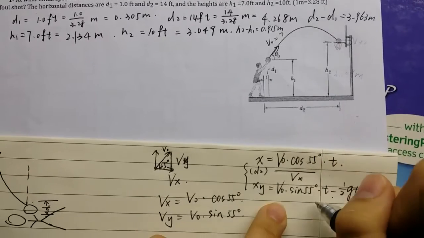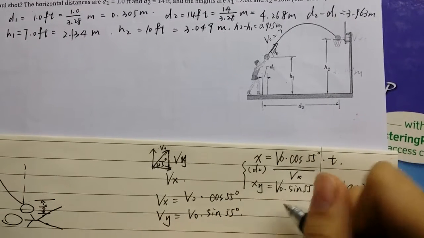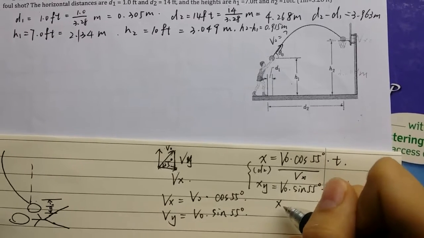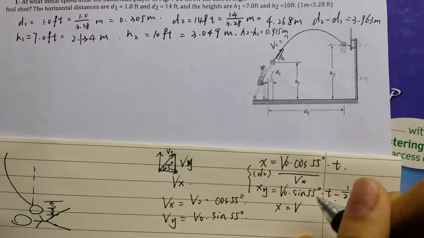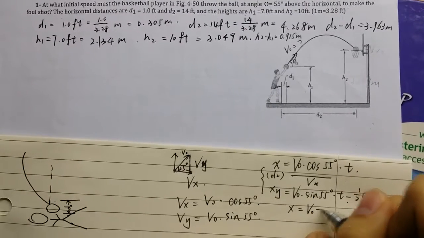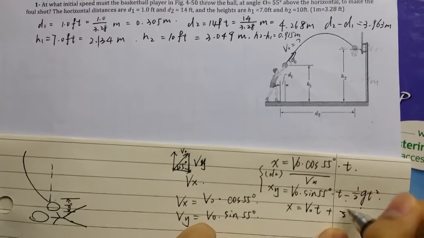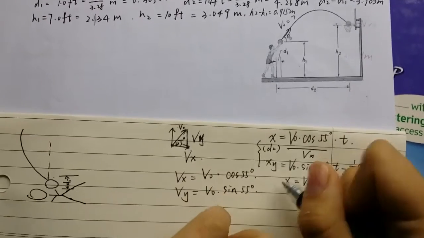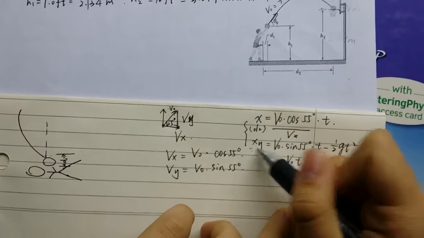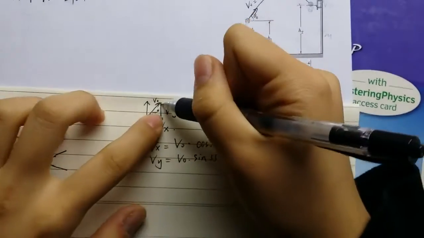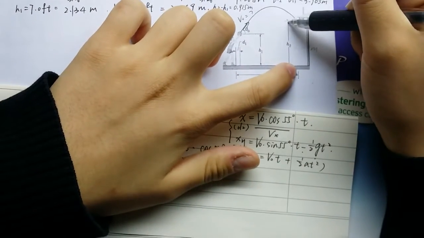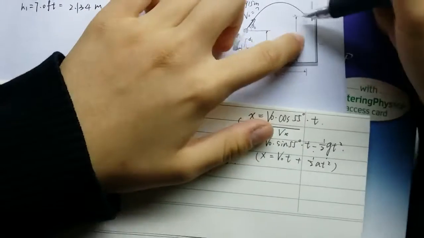This comes from the formula for displacement. The displacement in the y-axis is h2 minus h1.